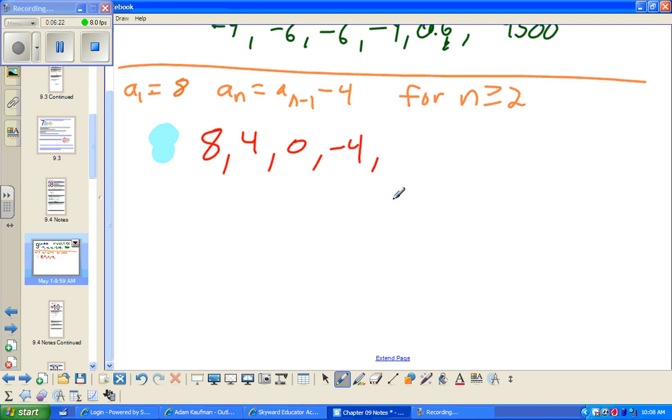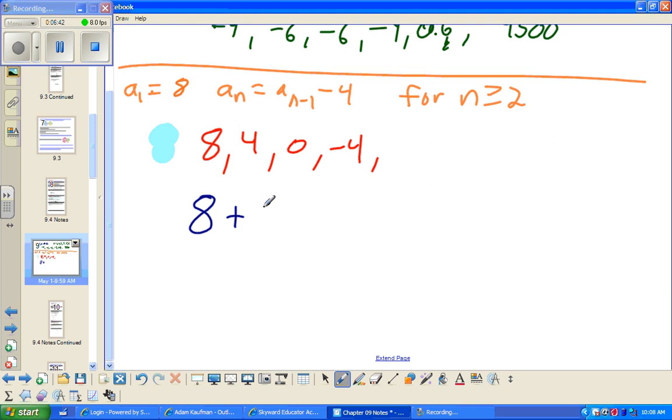Well, if you have an arithmetic sequence and you want to find the nth term, what you can do is take the first term plus the n minus 1th term, so the number of the term right before the one you want.